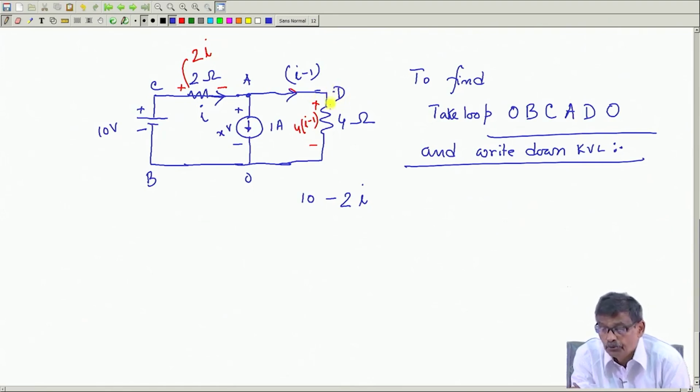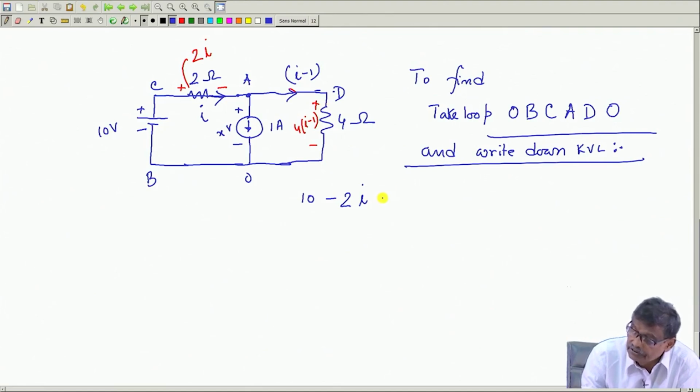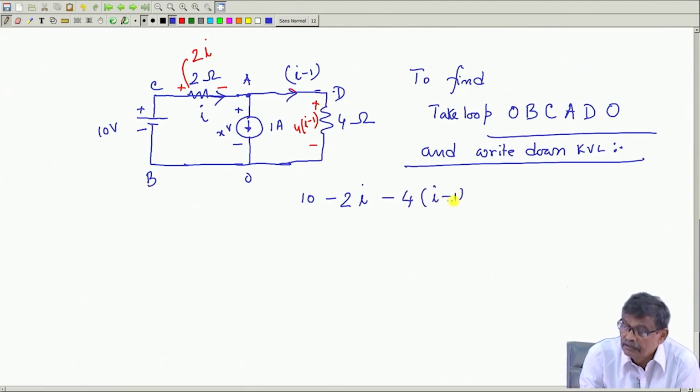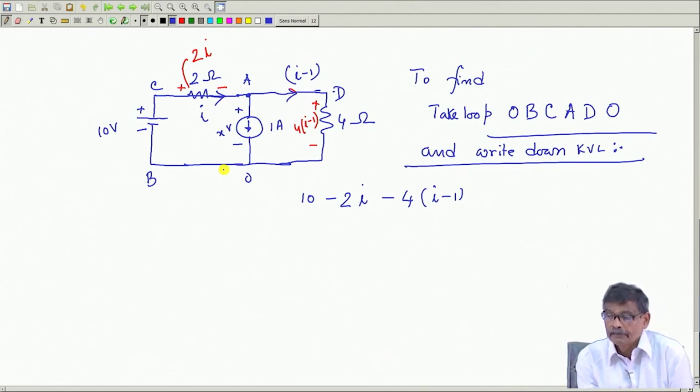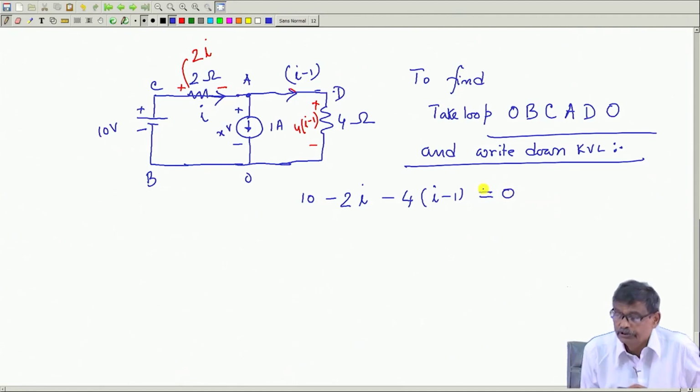Then from D to O, yes, there is a voltage drop, minus 4(I minus 1), and then you reach O. This point and this point are the same O. And KVL says that this is equal to 0.